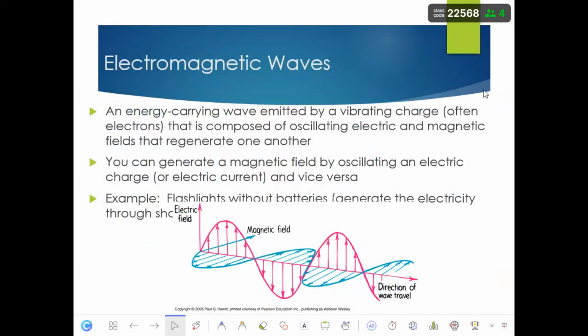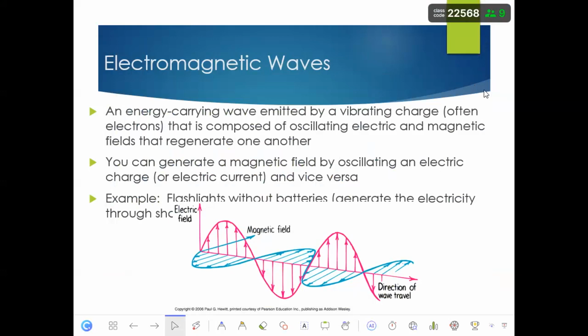Electromagnetic waves. What are the electromagnetic waves? If we want to explain it with very simple language, an electromagnetic wave is a wave carrying energy, electromagnetic energy.